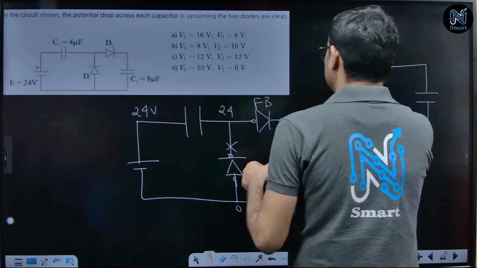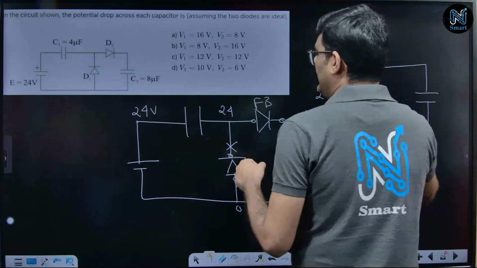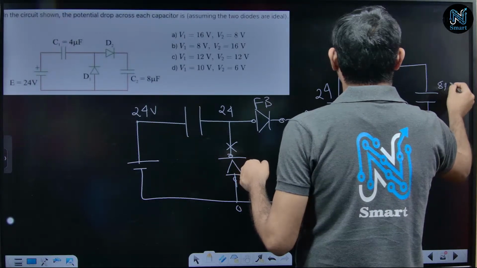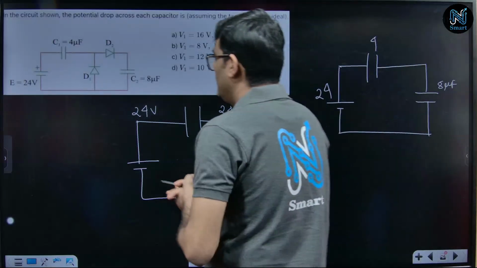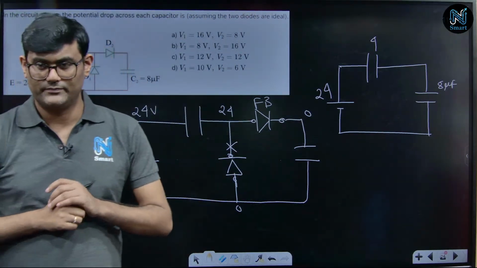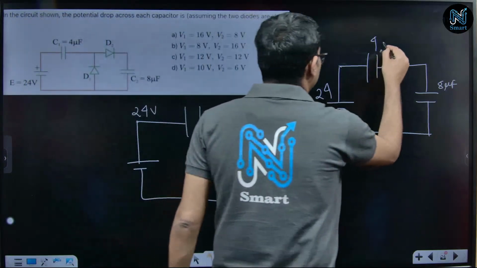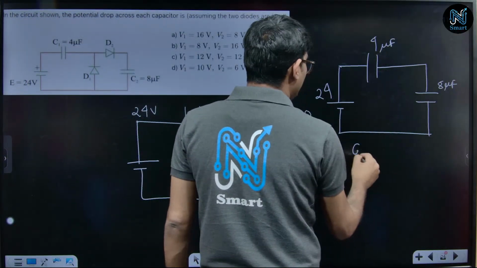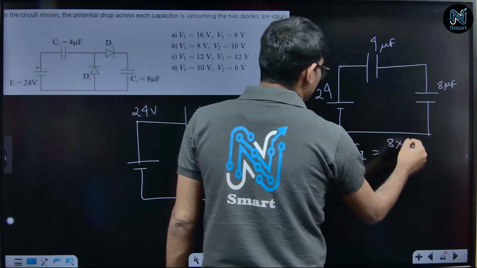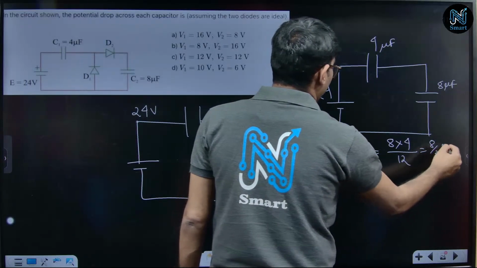Two capacitors, they are in series, and one voltage source of 24 volt is connected with the capacitors. This is 4 microfarad, this is 8 microfarad. Now I got my answer, because I know what will happen if two capacitors are in series. The equivalent capacitance is C1 into C2 by C1 plus C2, so it is 8 by 3 microfarad.